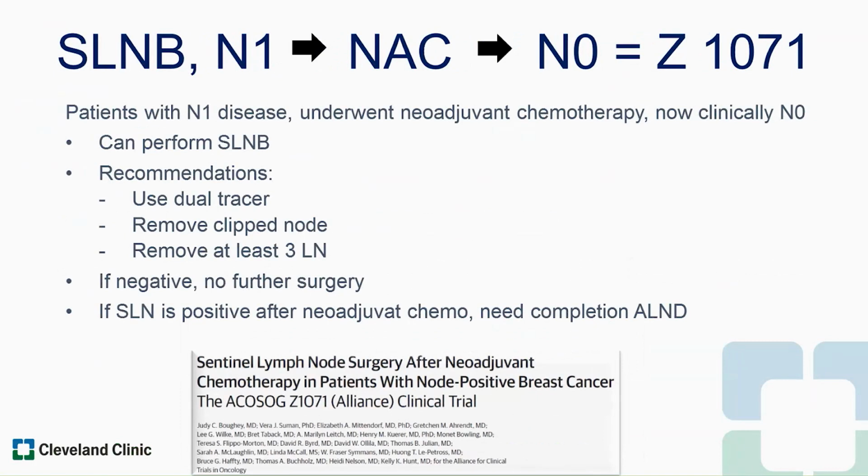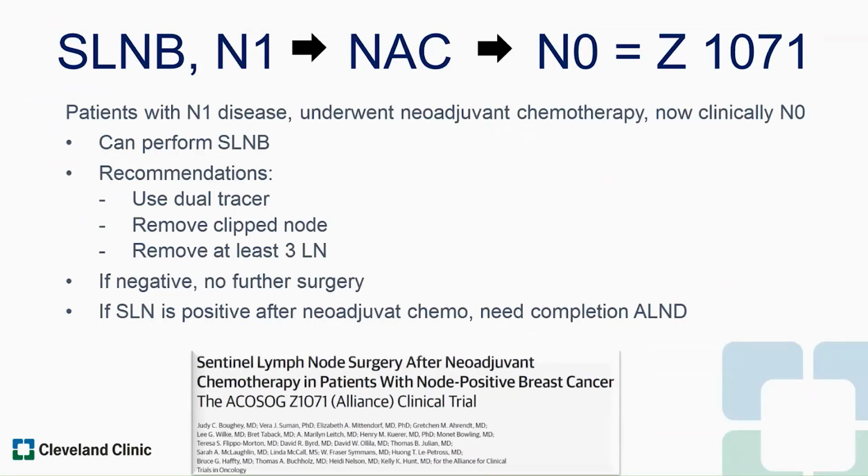Even more so, if a patient has metastasis clinically in N1, so this is 1 to 3 lymph nodes positive for metastatic disease, these patients are candidates for neoadjuvant chemotherapy, and I'll go into that in a little bit.